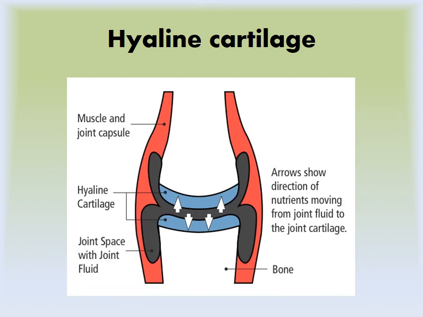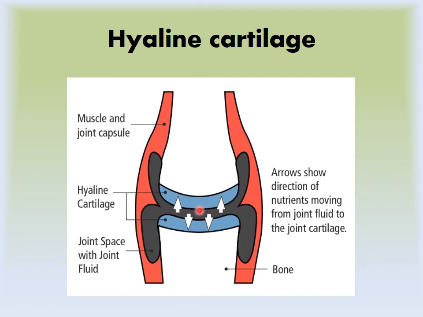This here shows you hyaline cartilage, more specifically within the joint. You can see the muscle and the joint capsule. The hyaline cartilage lies right here at the tip of this long bone, and also right here on the other side. And this dark gray is represented by the joint space.